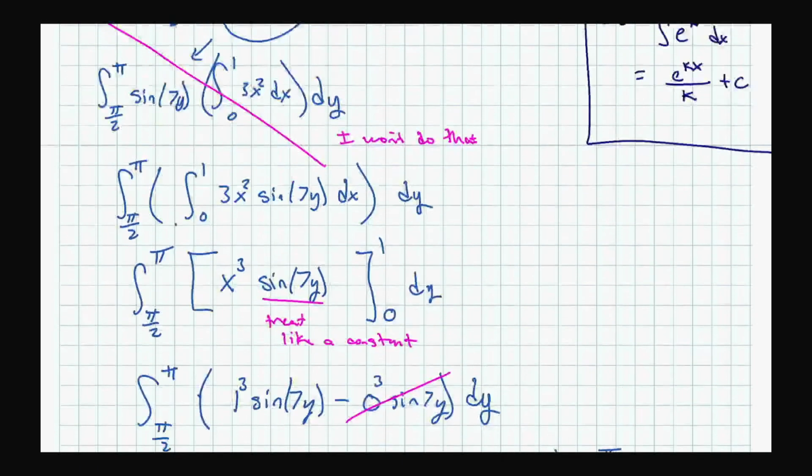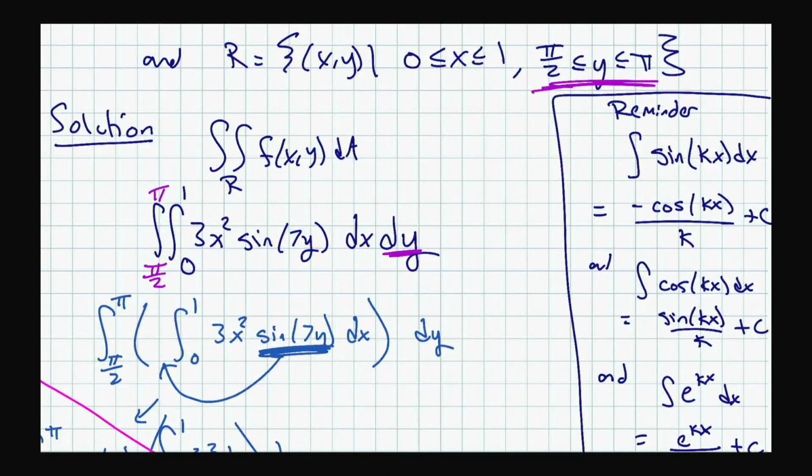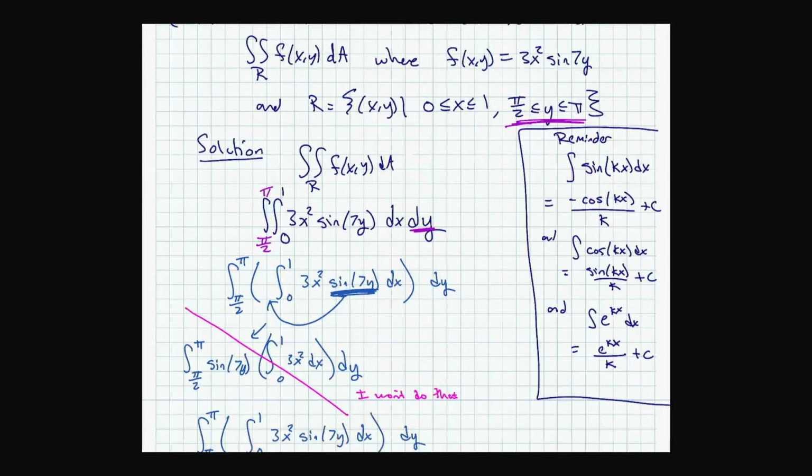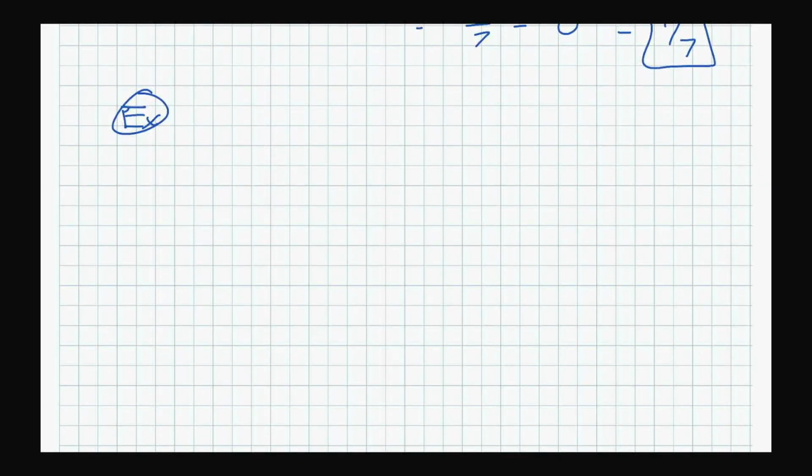There's a lot of problems where literally the answer is just to type this in. They make you type in the limits and the function and which variable comes first and second. So very simple. But that's not what we have. So we want to find the double integral over R of f of x y dA, right?